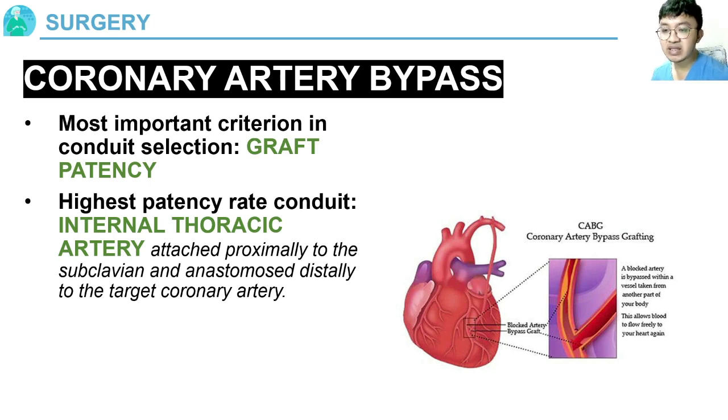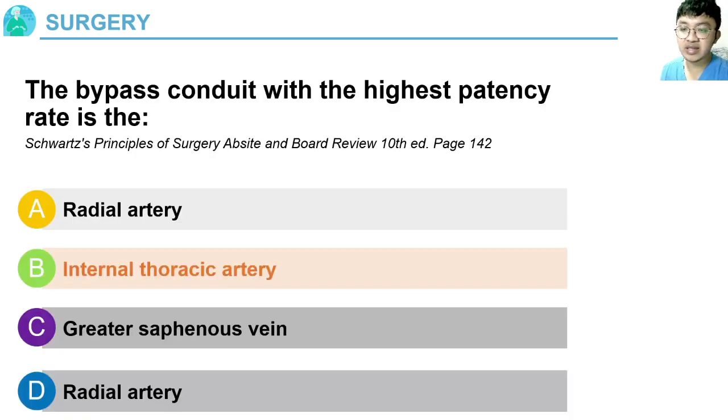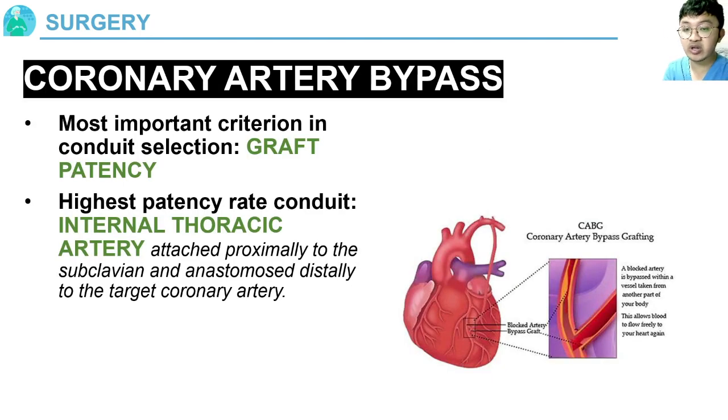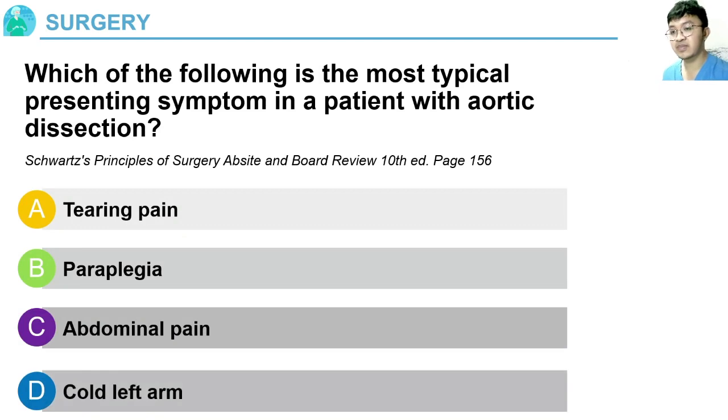The highest patency rate conduit is your internal thoracic artery. It's attached proximally to the subclavian and anastomosed distally to the target coronary artery. But your other radial artery, great saphenous vein, and the radial artery can all be used as bypass conduits. So again, the best patency rate is demonstrated by your internal thoracic or internal mammary artery.